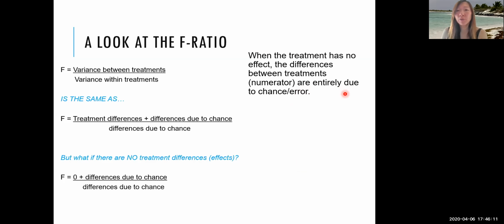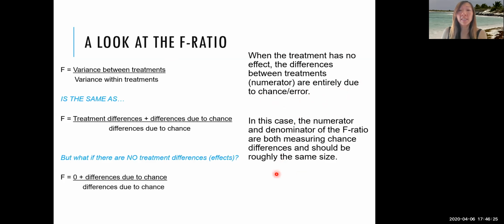Okay, so when the treatment has no effect, the differences between treatments in the numerator are entirely due to chance or error. So in this case, the numerator and denominator of the F ratio are both measuring chance differences and should be roughly the same size.